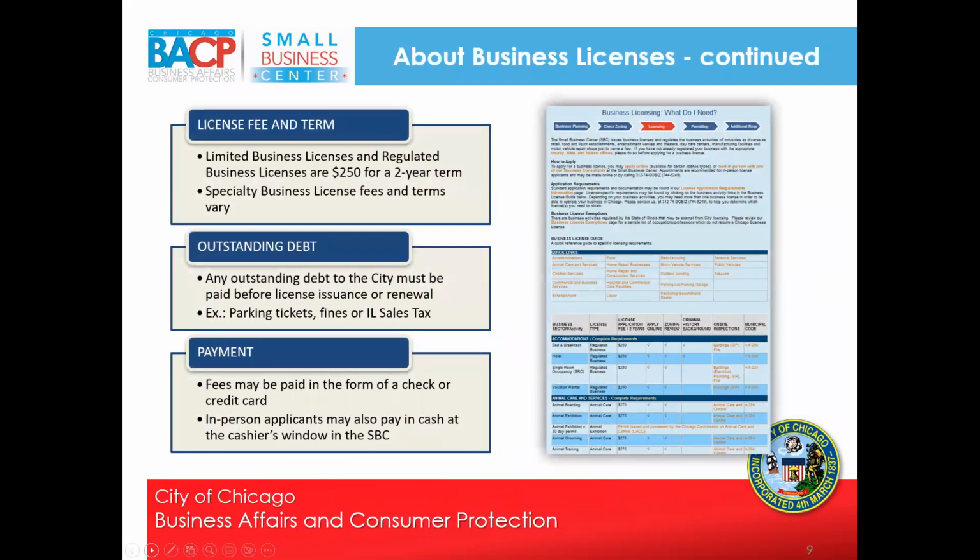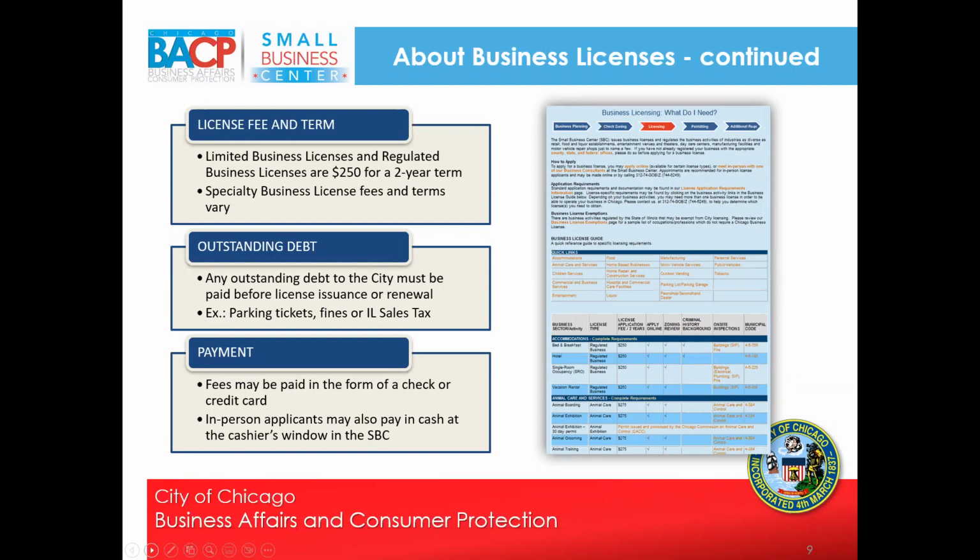So how do we determine our license fees and the terms? Our limited business licenses and regulated business licenses are $250 for 2 years. Specialty business licenses, the fees and the terms really vary by the license type.